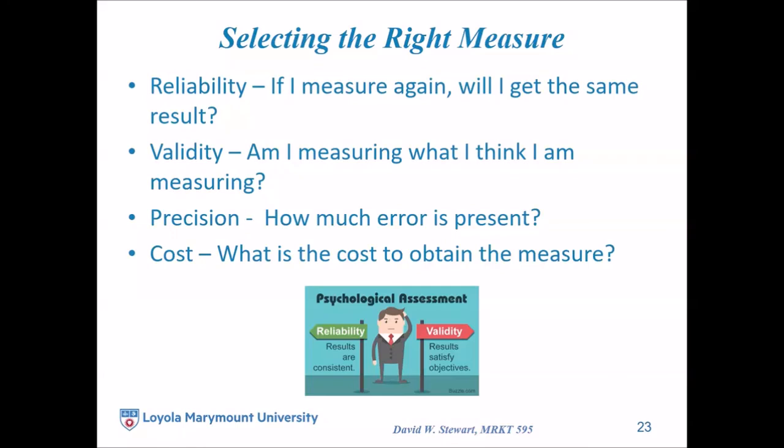Now let me give you a silly example to illustrate these. If I were to measure the length of your nose today and measure it again tomorrow, I would probably get the same value. That's a reliable measure. On the other hand, if I said, I'm going to measure your intelligence, let me measure the length of your nose. There's really not much relationship between the length of your nose and intelligence. So it's not a valid measure.